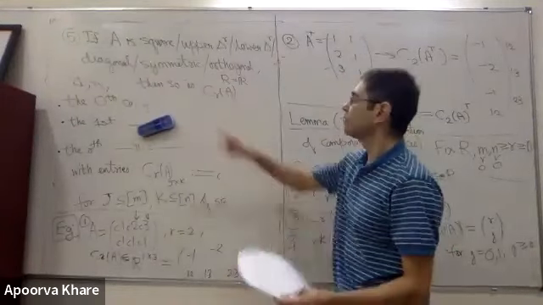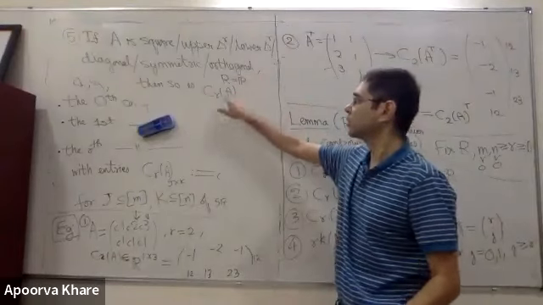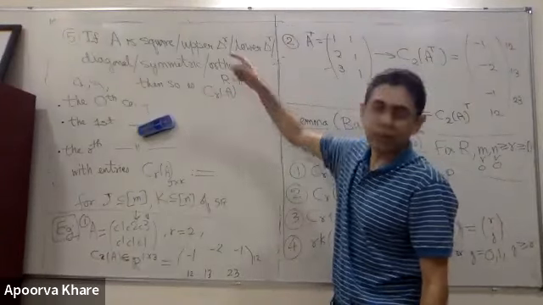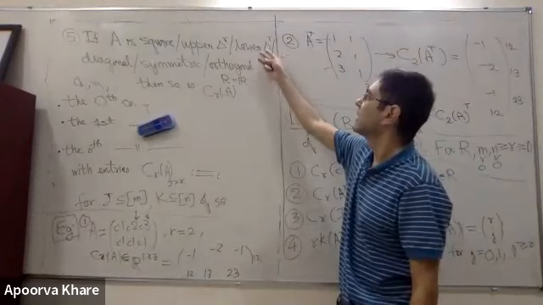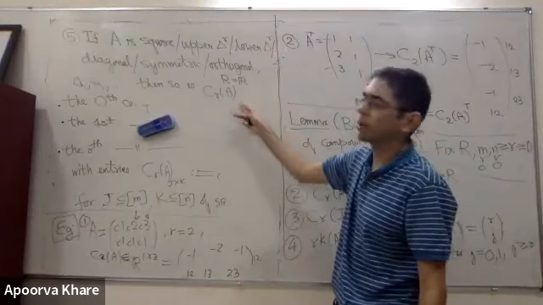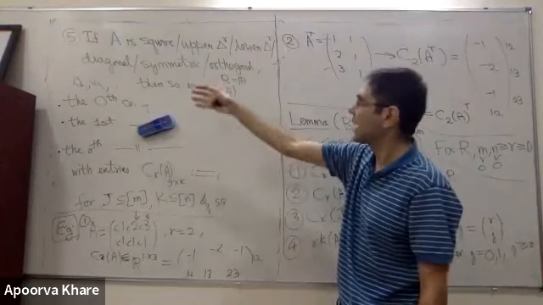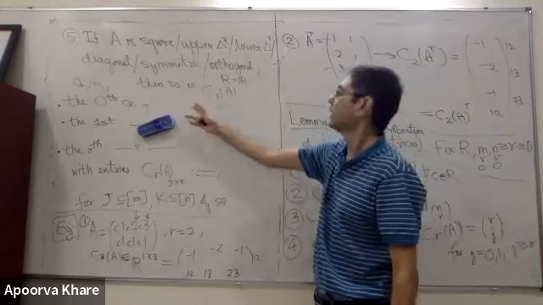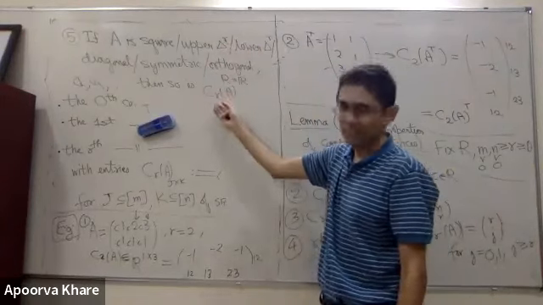A is square, the compound matrix is square. If A is upper triangular, the compound matrix is upper triangular. For upper triangular, you need square in some sense. If A is square and lower triangular, the compound matrix is square and lower triangular. If A is diagonal, which is the intersection of these two, then so is this. If A is symmetric, then so is this.